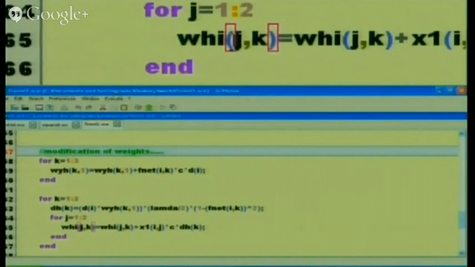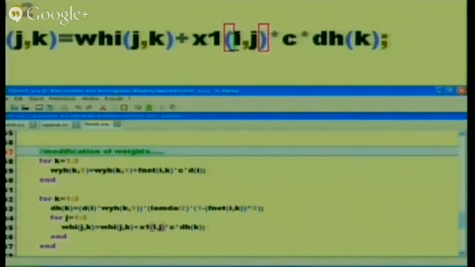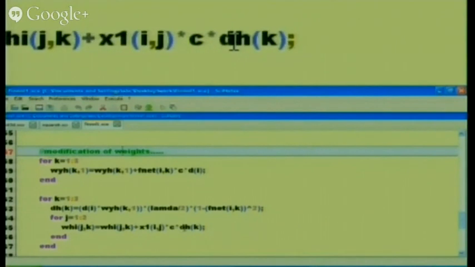Then WHI, here we have calculated the delta for each neuron in the hidden layer. Now we are updating the weights of each hidden neuron. So WHI JK is equal to WHI JK plus, now we are taking the input x1 into C into D HK, right?